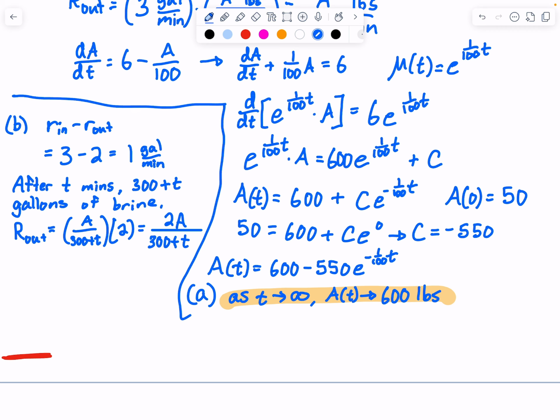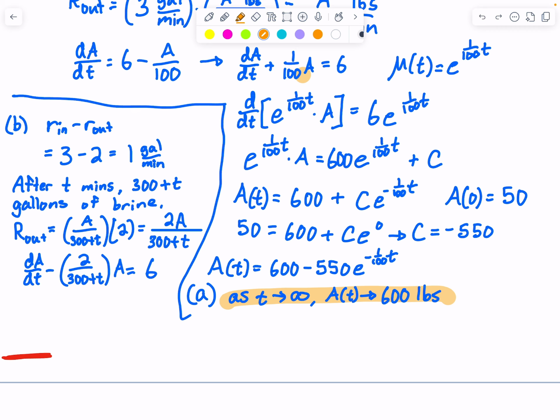And the in is the same. So the in didn't change. So now we have our dA/dt minus, and then we're going to get 2 over 300 plus t. I left the A out because now it's going to go out here. And then that's equal to 6. So the only thing that changed was that rate. I just went back up here to this equation and just changed the A. That's the only thing that changed, that outflow.